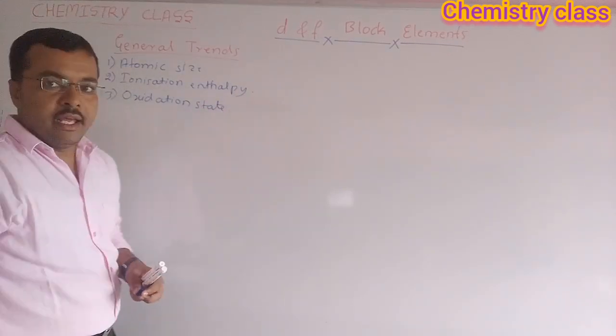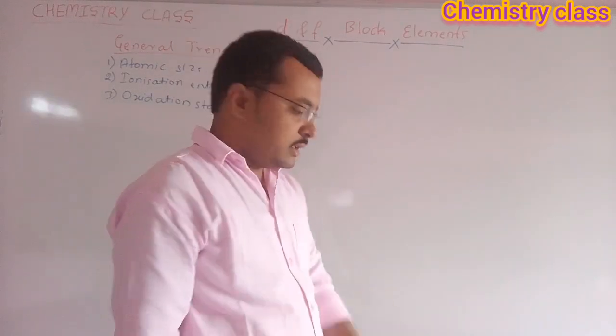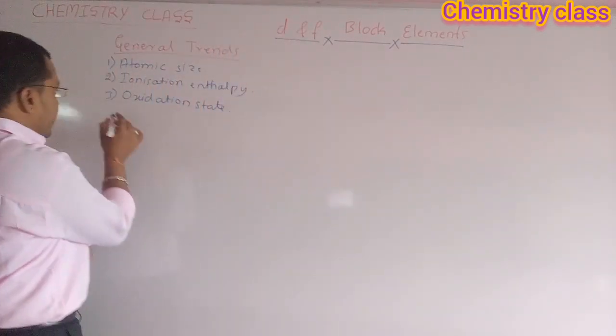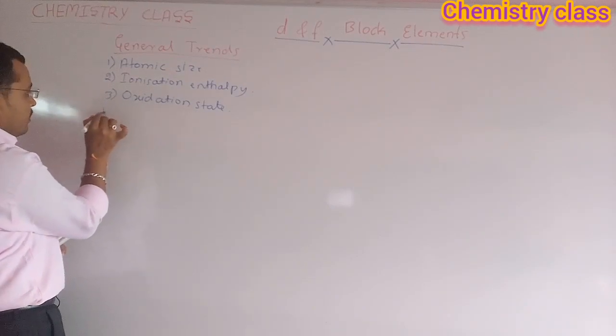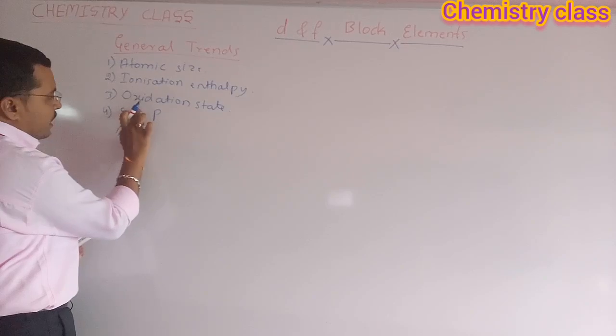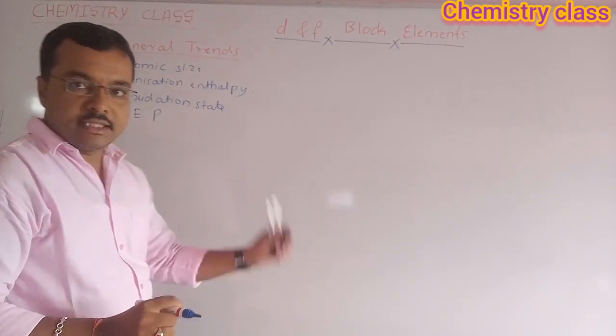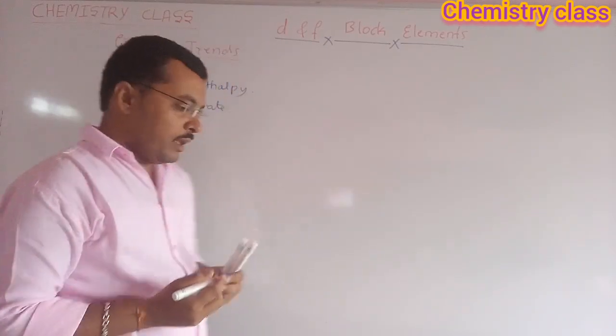It means the 3D series of elements will exhibit different oxidation states. And the fourth one is the standard electrode potential, which can be abbreviated as SEP. SEP is nothing but the standard electrode potential of each element.